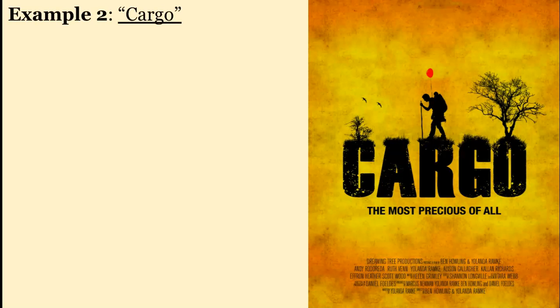Let's look at the example from Cargo. If you remember, Cargo is that short film we saw where we had that guy and he's turning into a zombie and he wants to protect his child. I could have gone with survival again, right, as a topic, but I chose endurance.